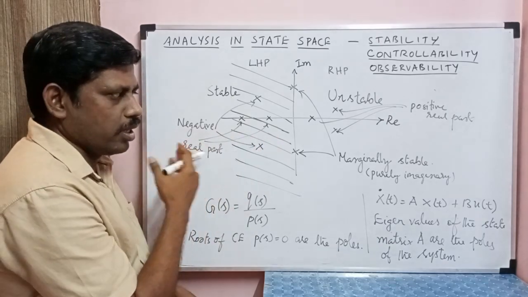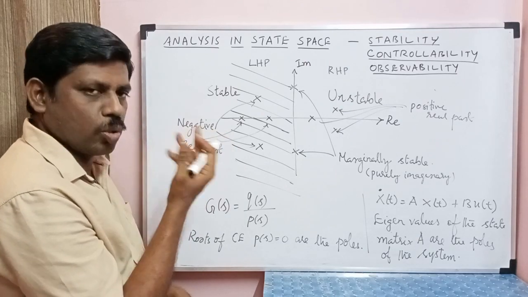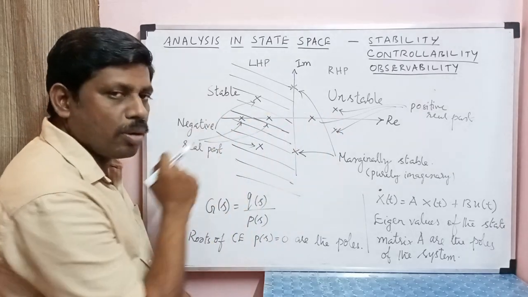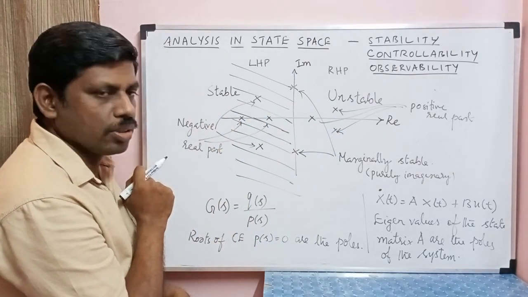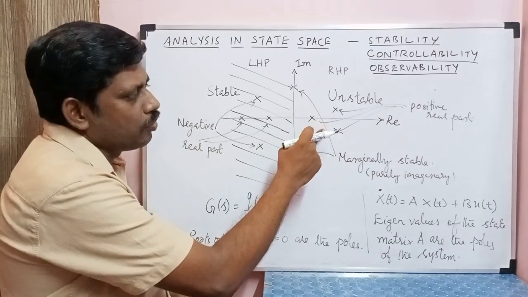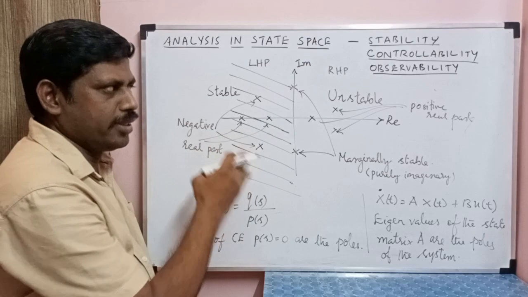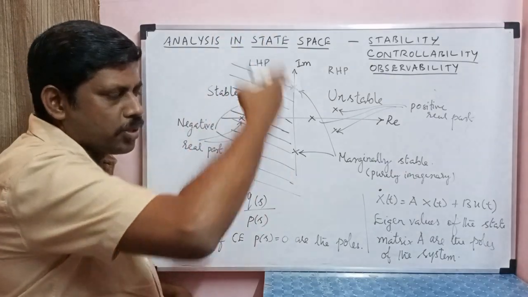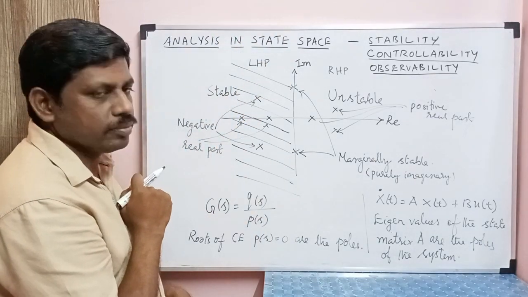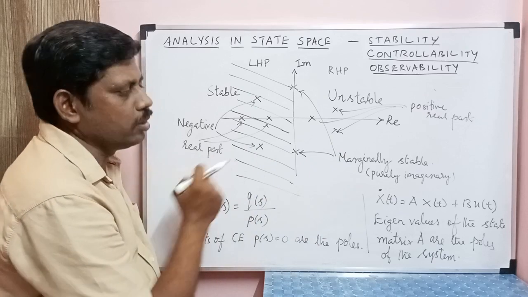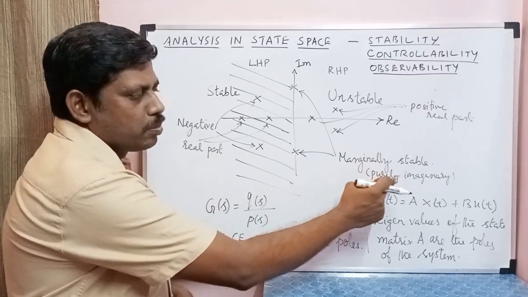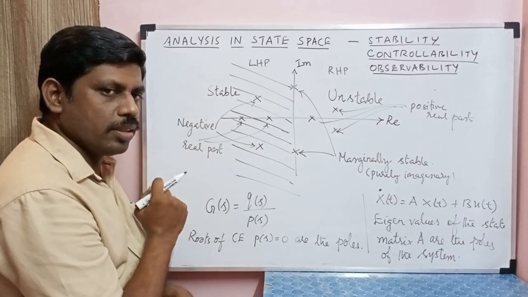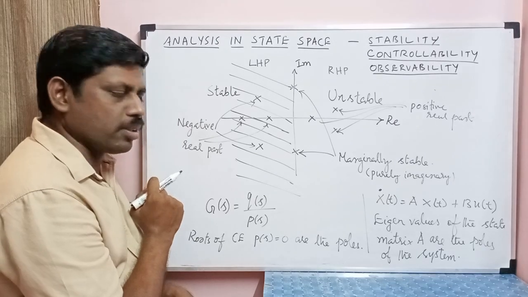They can be real or complex in nature, whatever it may be, they should have a negative real part. If the poles are on the right half plane, then the system is unstable. That means if the poles have a positive real part, then the system is going to be unstable. If the poles are lying on the imaginary axis in the middle, then the system is marginally stable. So the system is marginally stable for purely imaginary poles. This is the stability analysis in classical control theory.